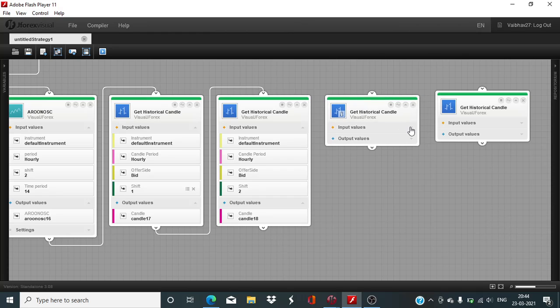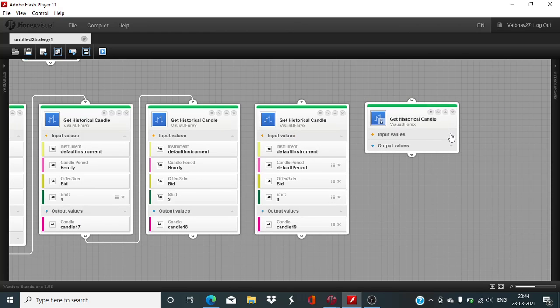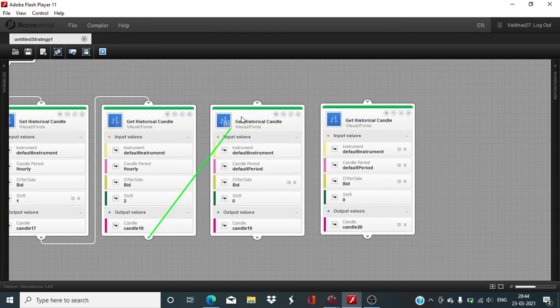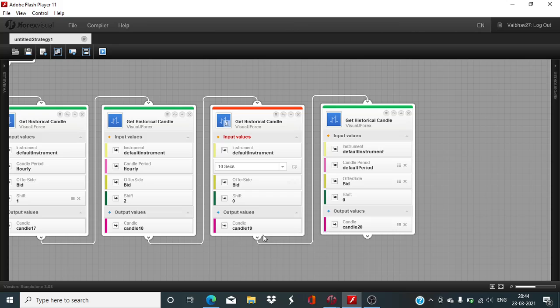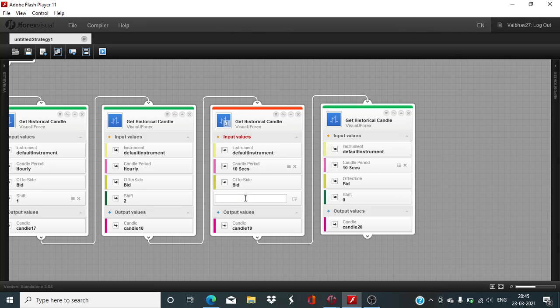As usual, we will take the help of these 10-second candles. This will be changed to 10 seconds. This one as well. And this one shift needs to be changed to 1.